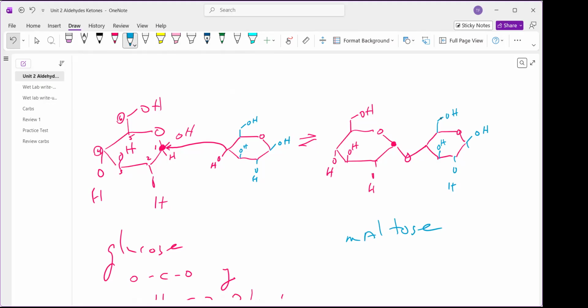Maltose is a disaccharide. It'll be one of the disaccharides you need to know. 2 glucoses stuck together in a particular linkage. It's called a glycosidic linkage. And there's different versions of the glycosidic linkage, but there's only one that's valid for maltose. And we're going to get into that when we get into the second part of Unit 2, called an alpha-1,4 linkage.